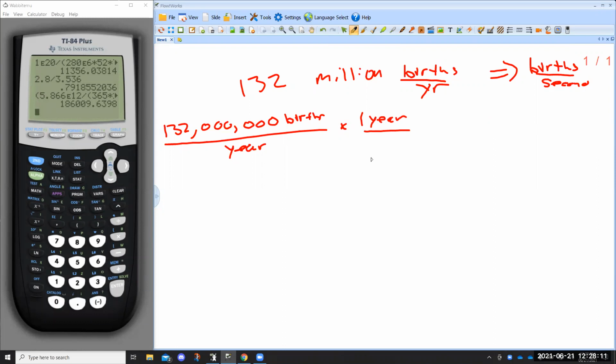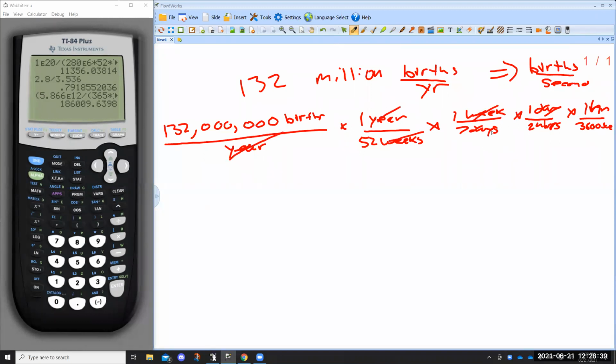A year is going to be 52 weeks. A week is 7 days. A day is 24 hours. And an hour is 3,600 seconds. So years cancel with years, weeks with weeks, days with days, hours with hours.